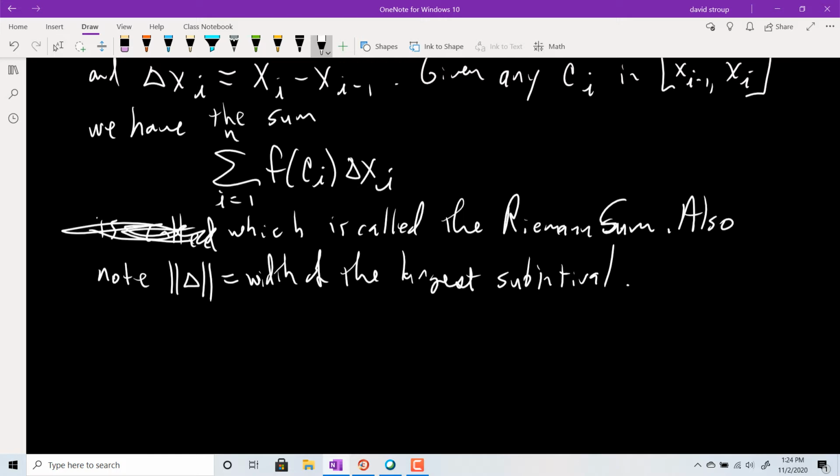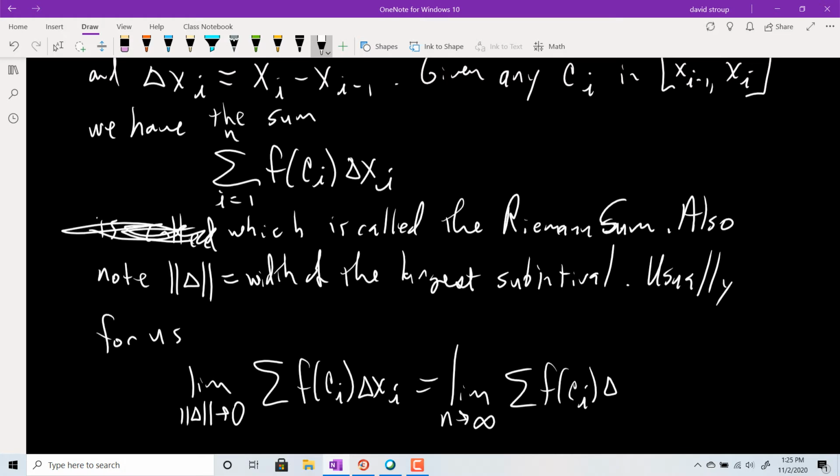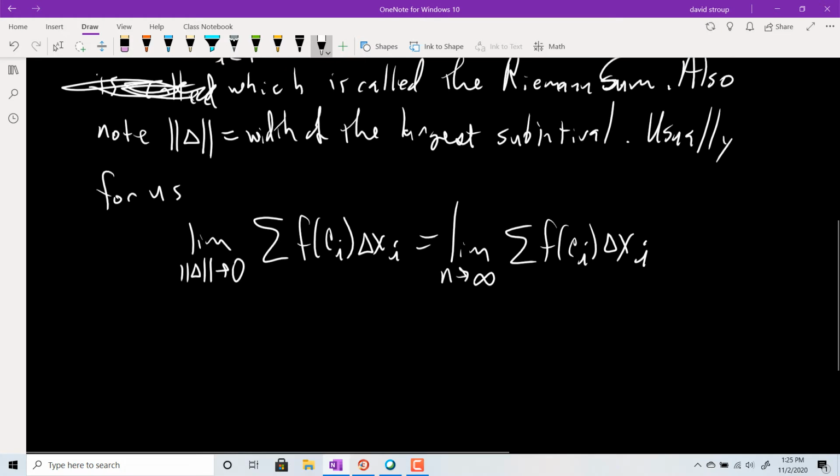So usually for us, saying the limit as the norm of the partition goes to 0 of the sum of f of c sub i times change in x sub i will be the same thing as taking the limit as n goes to infinity of that thing. Okay, so it's kind of a non-issue right now, and we'll treat it as such.